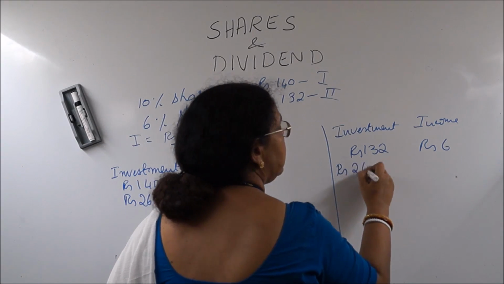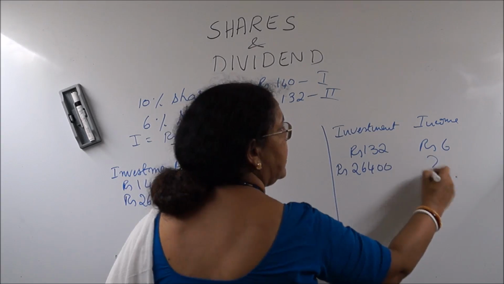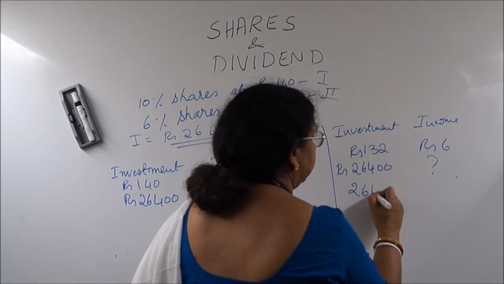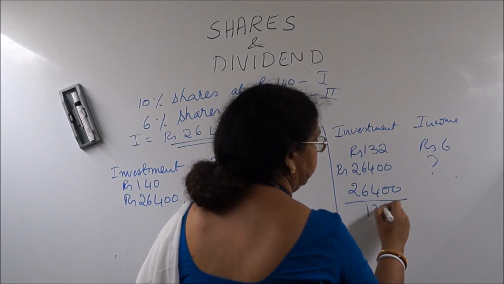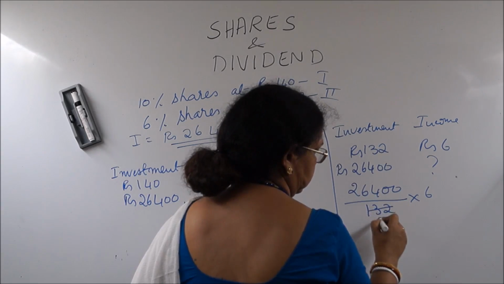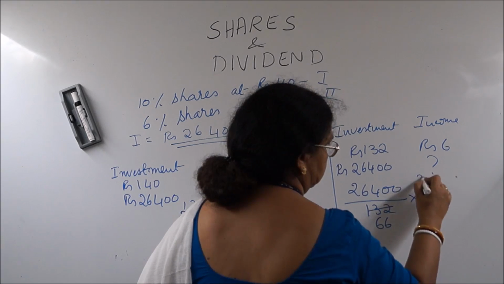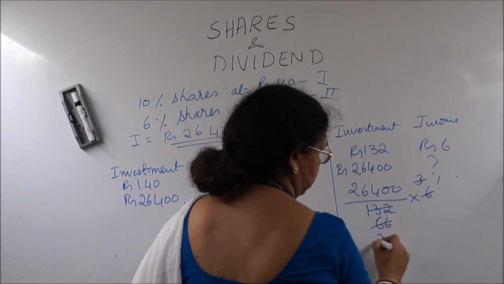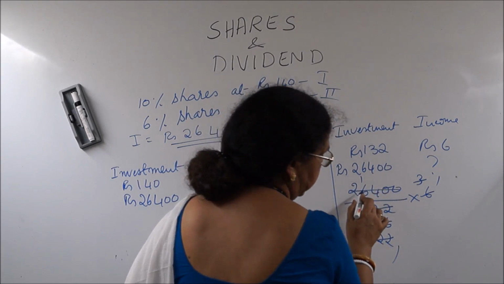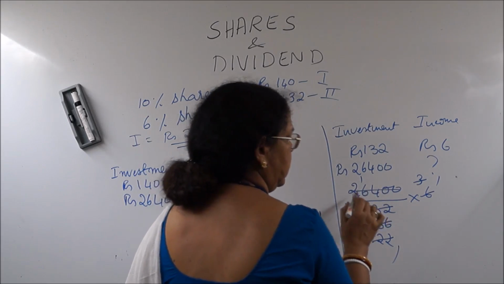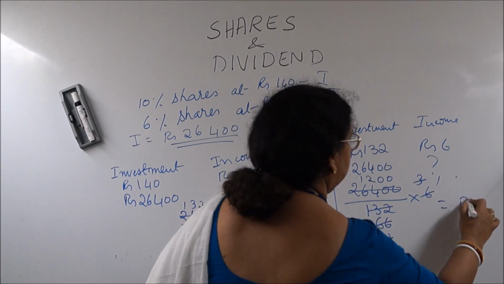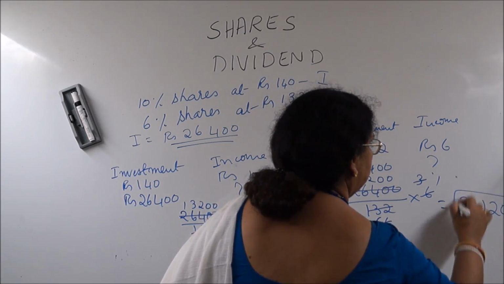So if rupees 26,400 is the investment, what is the income? Now let us calculate 26,400 upon 132 into 6. So rupees 1200 is the income.